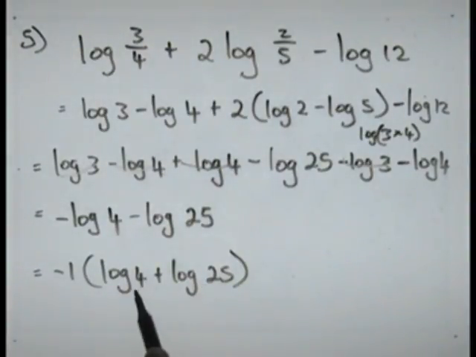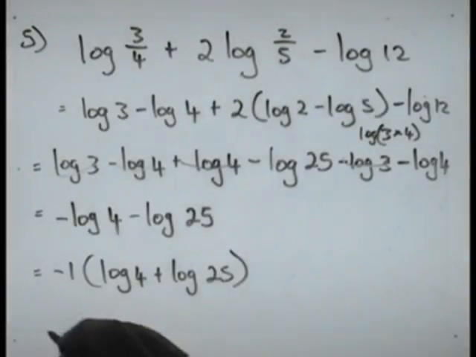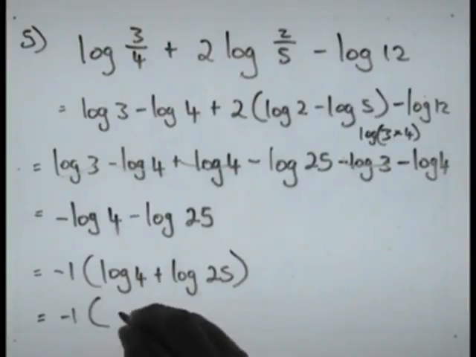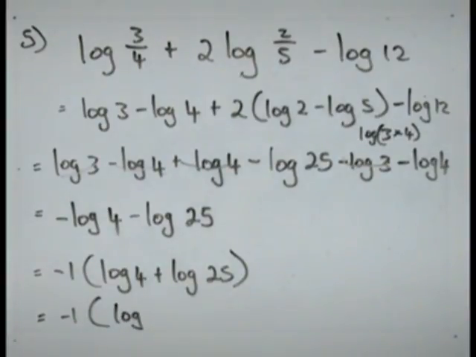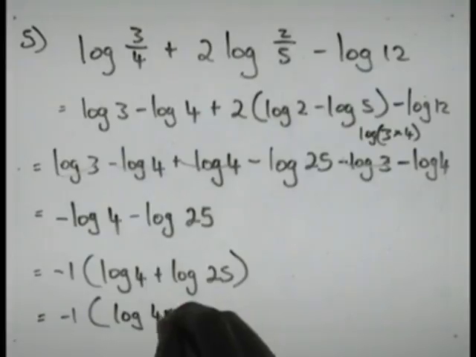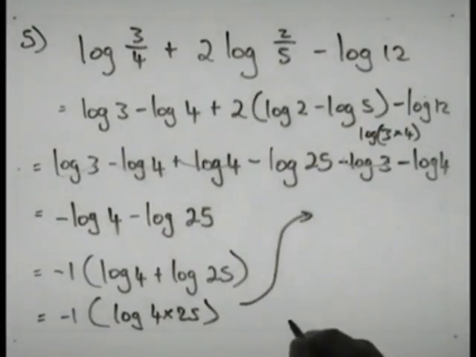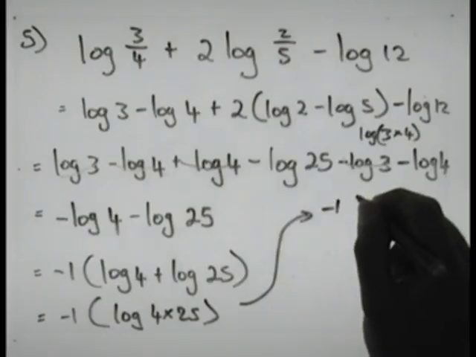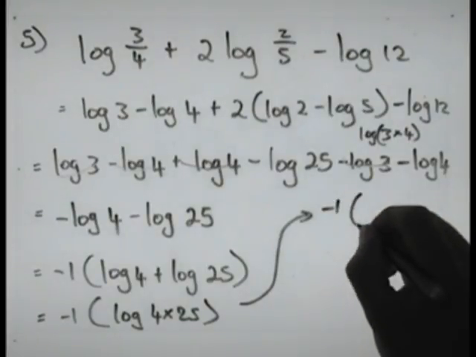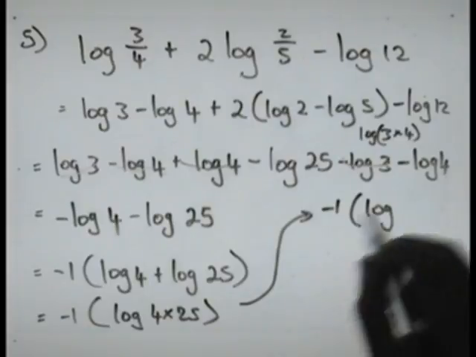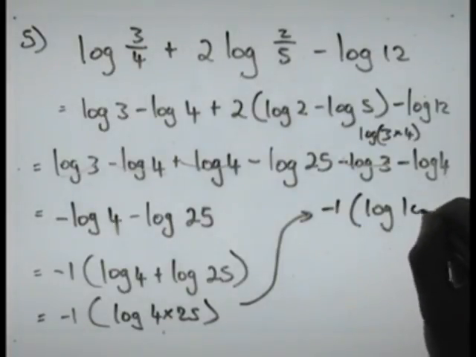Remember, I can do all of this because the bases are the same. Log 4 plus log 25 is the same as log 4 times 25. Right, and I'm going to finish that off over here, which gives me minus 1 times log of 100.